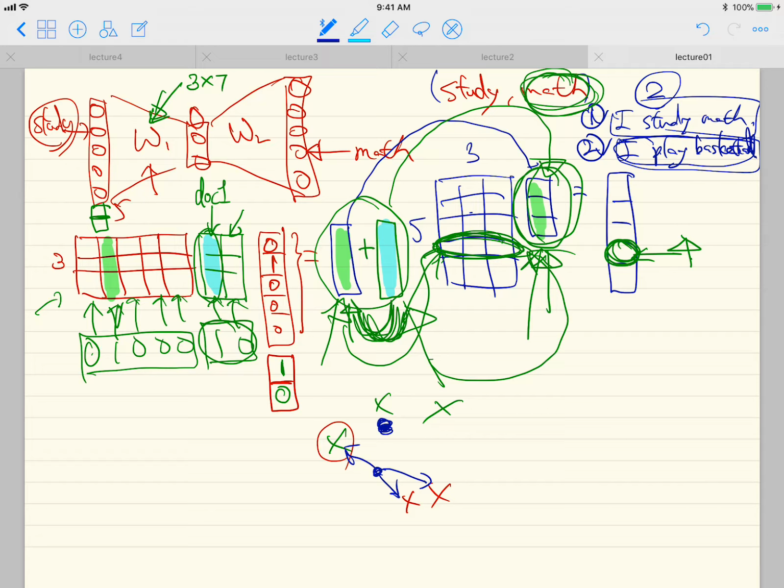Corresponding to "I play basketball", the second document vector is somewhere over there, close to the words that appear in that same document. So this is our doc2vec setting.